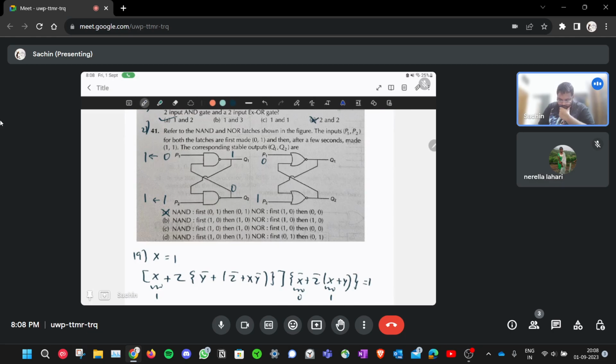Next, when both are changed to 1, 1, you have Q2 and P1 is 0. So you have Q1 is equal to 1. Now 1, 1 complement is 0. So it stays at 1, 0. So it can't be this option either. This goes to 1. This goes to 0. So both of them stay in the same state.